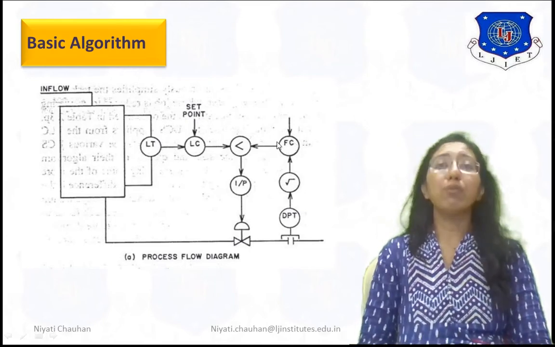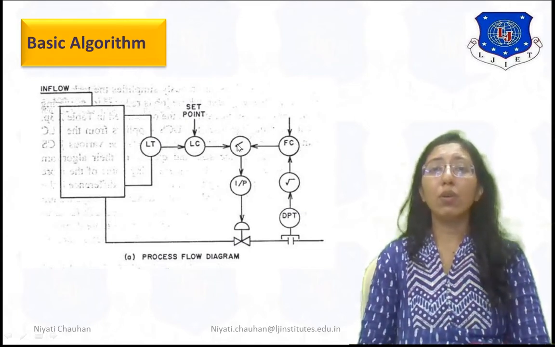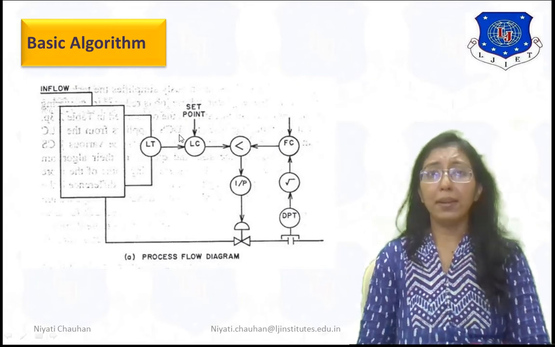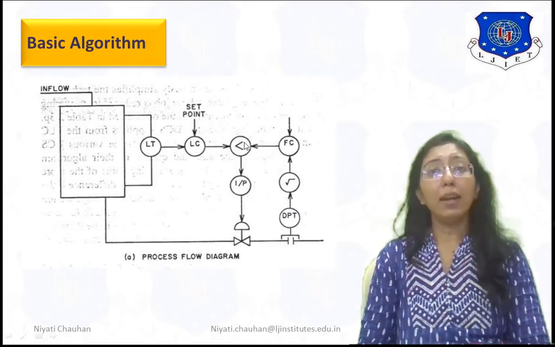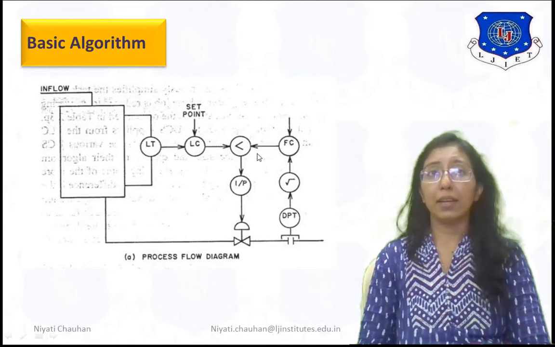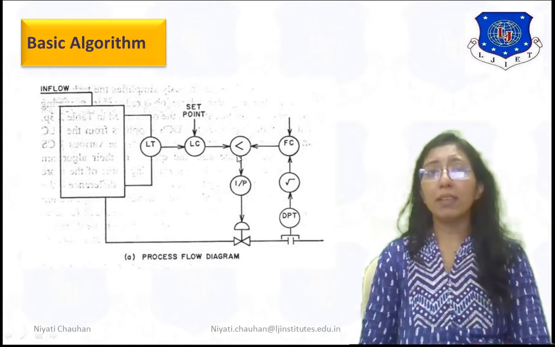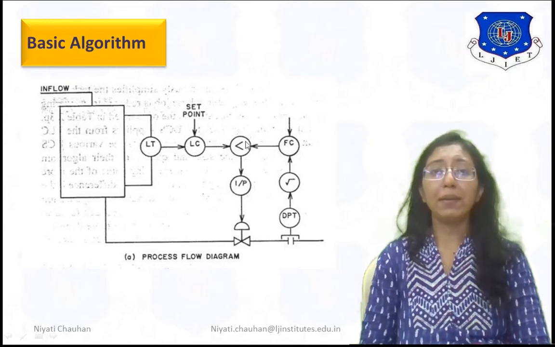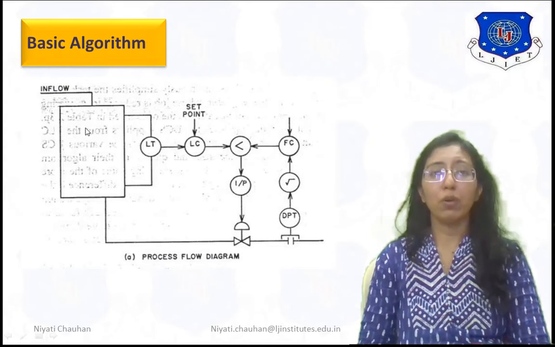From the flow controller, the signal goes to the comparator. Comparator means low selector, right? Output is equal to the lesser of the inputs.